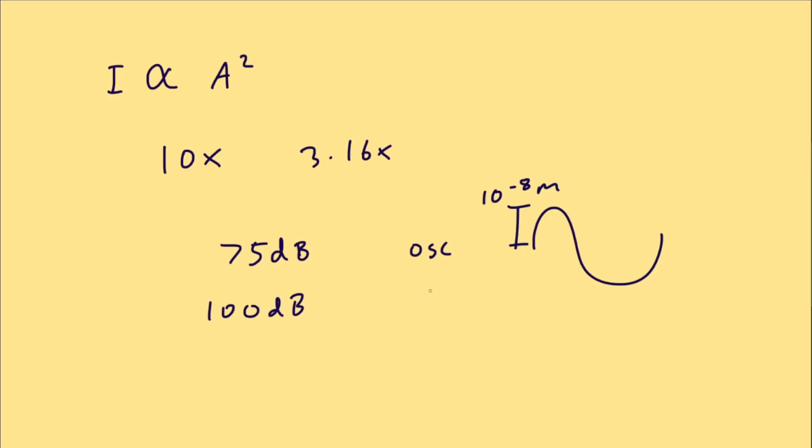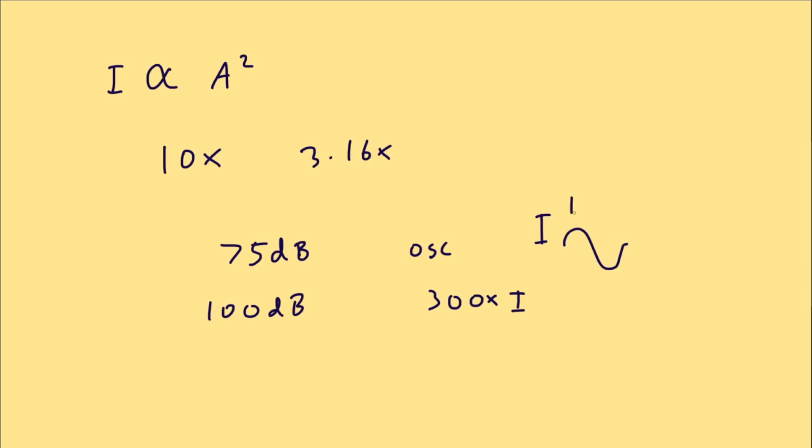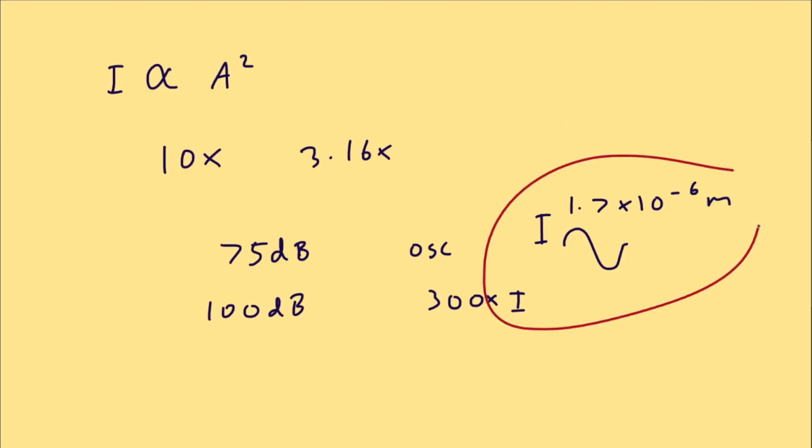Which means that it would have somewhere around 300 times the intensity. Now, the air molecules oscillate with an amplitude of 1.7 times 10 to the power of negative 6 meters. This is less than 1 grain of sand in movement. But at the perfect frequency, this can nearly shatter glass.